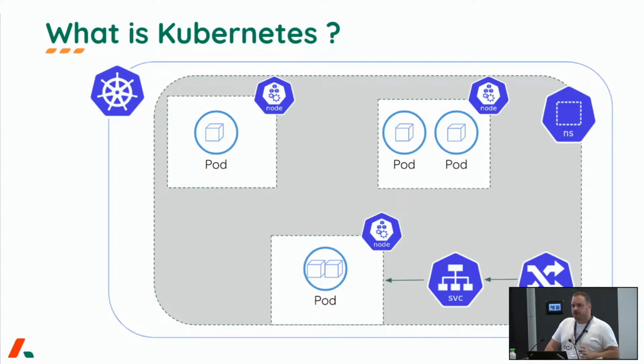So it's just some kind of logical component that will allow Kubernetes to deploy a container on a node. Those pods run in the context of a namespace. Some pods can be accessed from outside the cluster using services and ingresses. That was for the basic understanding of what Kubernetes is.